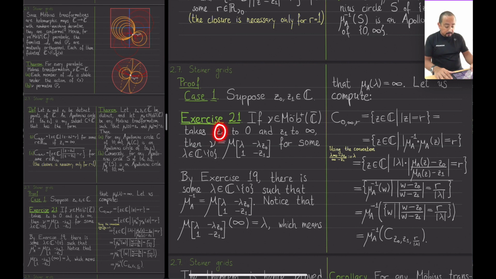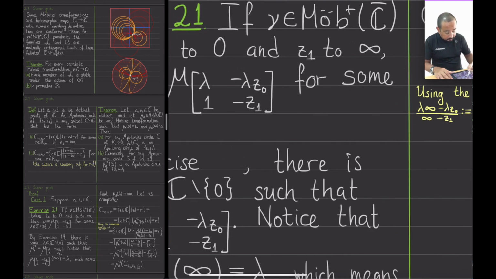Anyone that takes Z0 to 0 and Z1 to infinity can be written in this form. Okay, so using that exercise, here it should be 21.